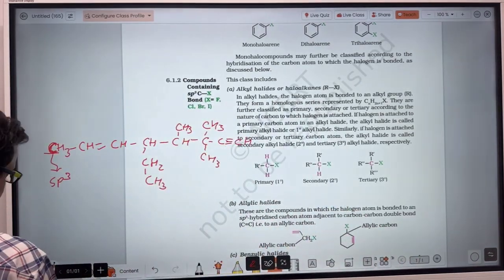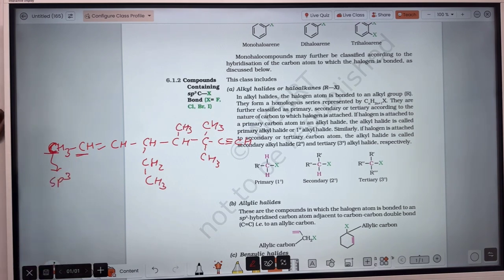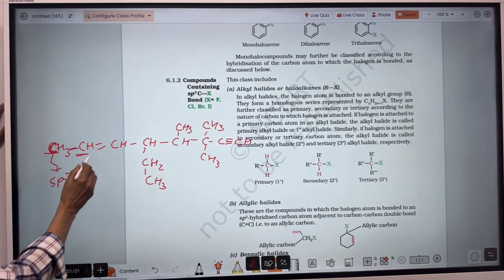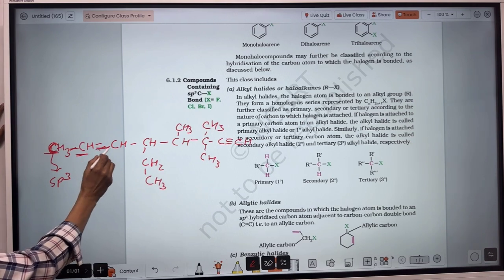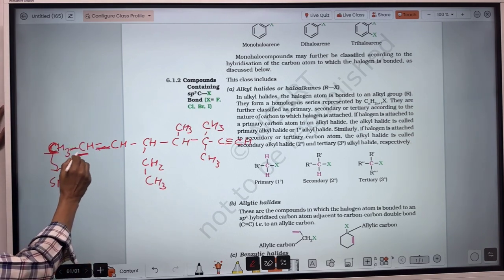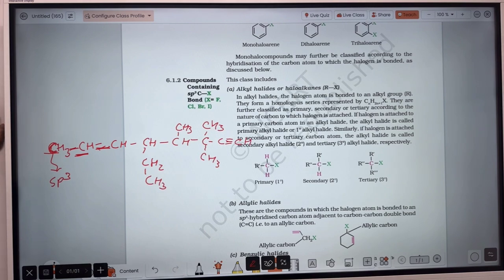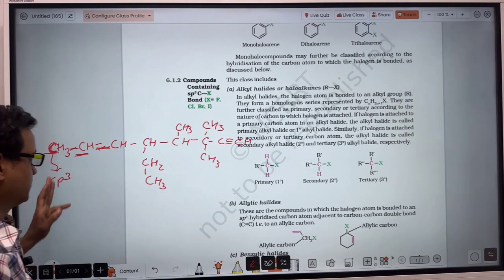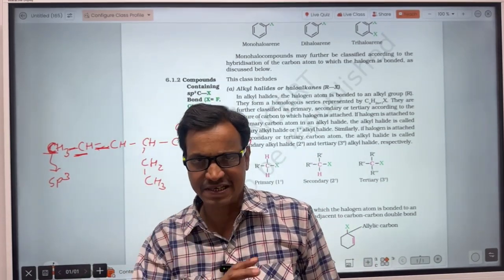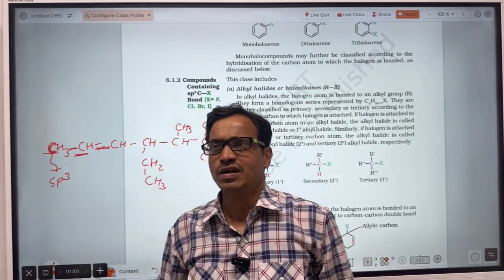Now let's see about this carbon. It is forming 1 sigma bond with this carbon, 1 sigma bond with this carbon, and 1 sigma bond with hydrogen. So this carbon is forming a total of 3 sigma bonds.